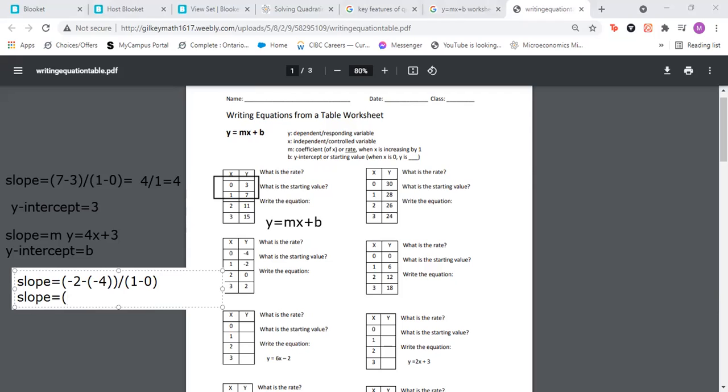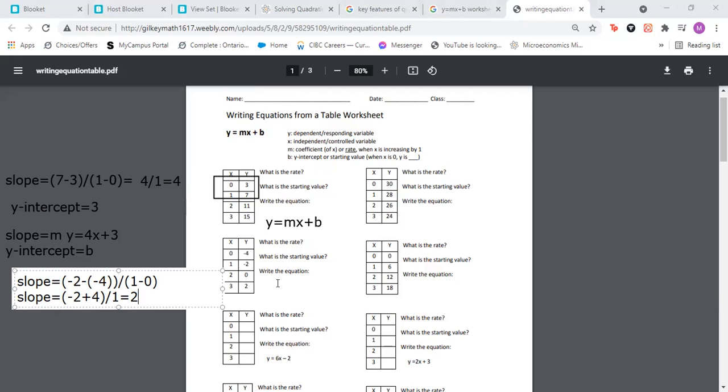So -2 minus -4, it's the same. If you do 2 minus, it's a plus. And then what's -2 plus 4? 6 divided by 1 equals 6. No, -2 plus 4 is 2. Sorry. It's okay. 2.